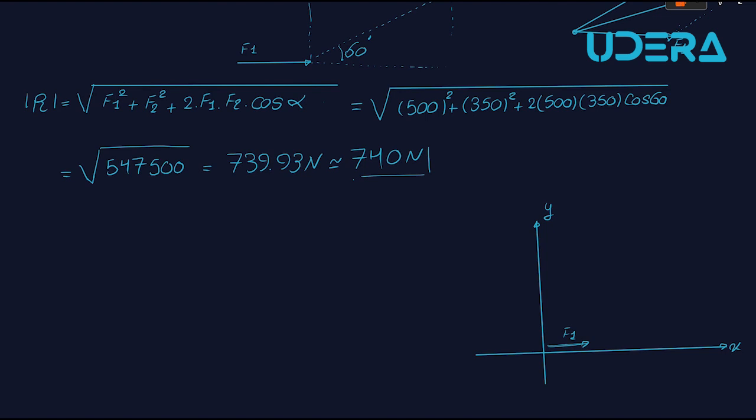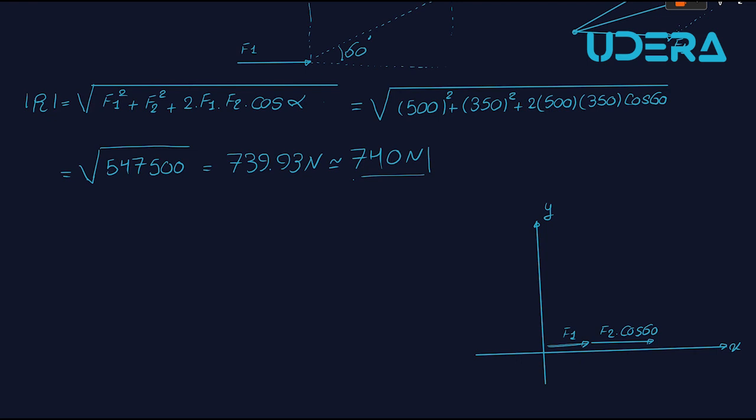In other words, the x component of the vector F2 is F2 cosine 60. Since F1 is horizontal, it has only one component along the x direction.